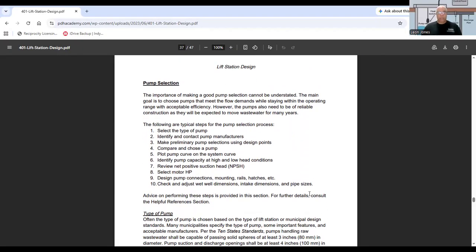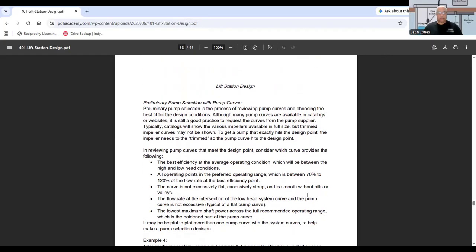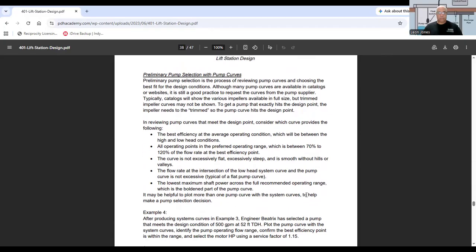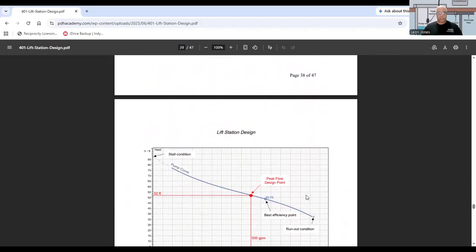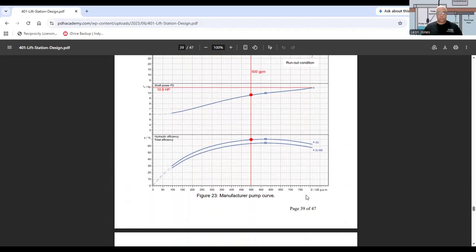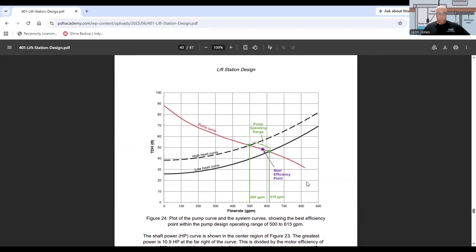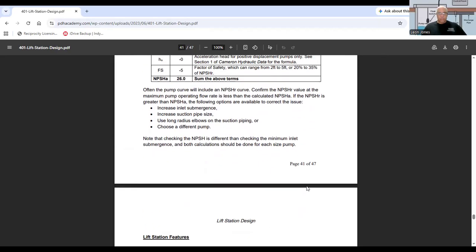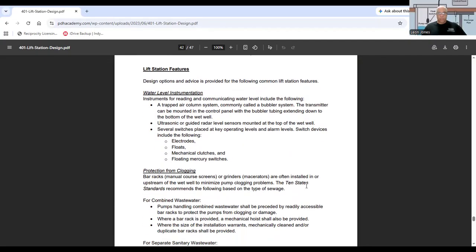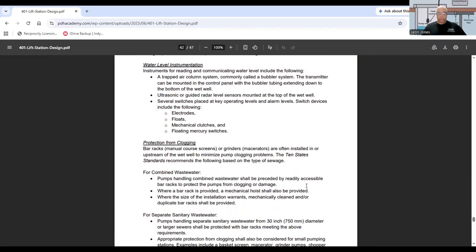And you have your pump selection. Here are all your examples. Here are your lift station features.